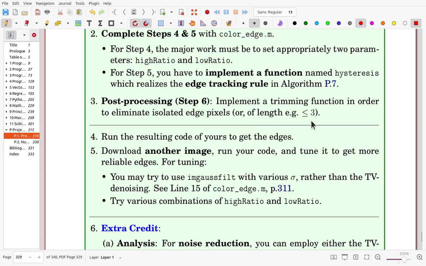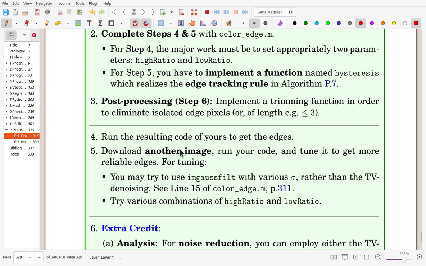Once you try to do this one, and if you make a success, then I'll try to give you some extra credit. And single isolated edge pixel elimination is quite simple. However, if you try to measure local length, and the local length is less than or equal to 3, that decision requires some idea. So for this portion, you'll get some extra credit.